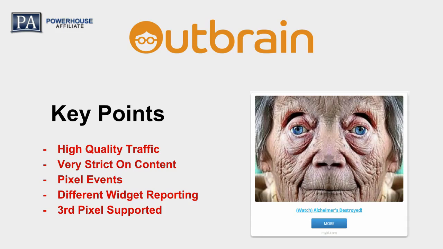Pixel events. This is something we're going to get more into as I continue the follow along. However, you have the ability to create specific events within Outbrain. So if you had a funnel like Joey has now with Day Job Hacks, every time somebody lands on his first page, he could create a pixel that says page view. If they opted into his funnel and watched his webinar or subscribed to his list, when they land on that page, he could add an Outbrain pixel and name it lead. So for each event during your funnel or even during your campaign, Outbrain can measure what's happening and when.